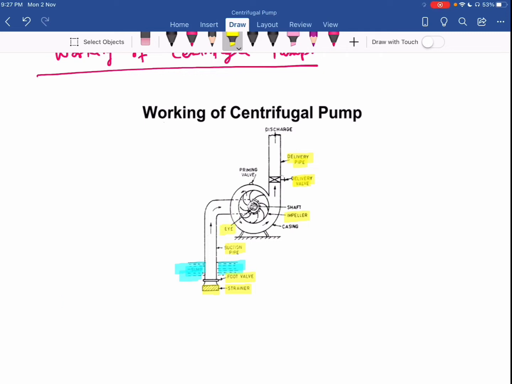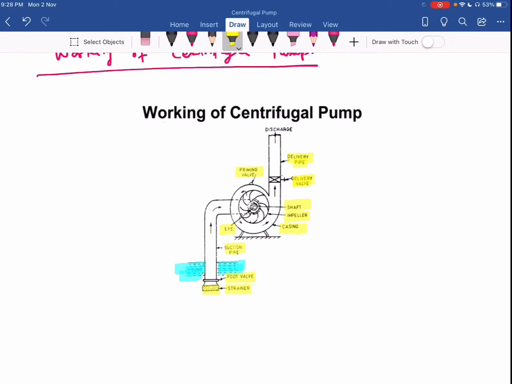That is along the shaft of the pump. Okay. Now the impeller is enclosed in a casing, and further the delivery pipe connects to the casing. Now in case of centrifugal pump, we have one more valve that is called priming valve. So these are the various components of this centrifugal pump.